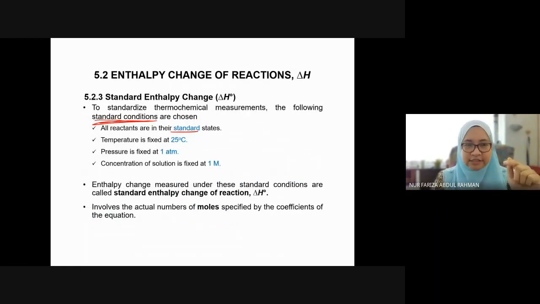So senang cerita, to be called standard enthalpy change, all the reactants are in their standard state, and the temperature should be 25 degrees Celsius, the pressure should be 1 atm, and the concentration, if it involves solution, the molarity should be 1 molar. Okay, if all of these are complied, that means kita boleh letaklah tanda bulat ni. We can call it standard enthalpy change.